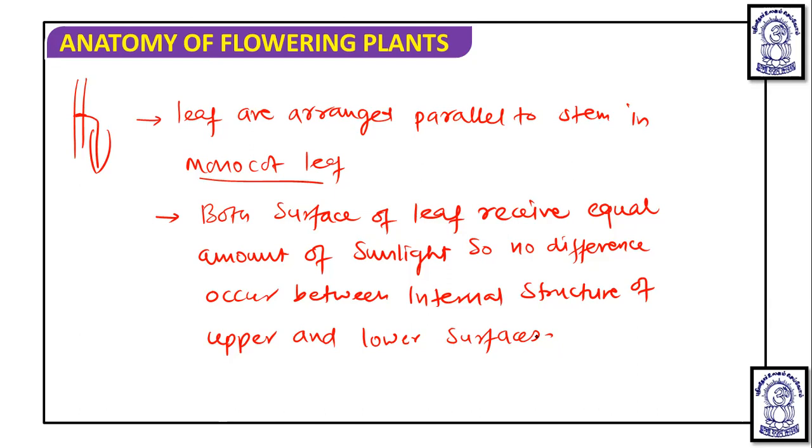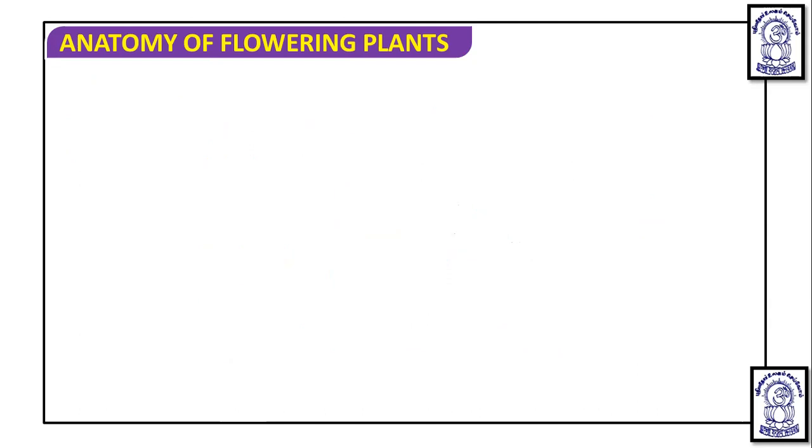Now, one more thing which we can compare between the dicot leaf and monocot leaf is that the size of the vascular bundle is dependent on the size of the veins. Actually, veins vary in thickness in the reticulate venation in the dicot leaf. So the diameter or thickness of veins will also vary. So this is one comparative difference between these two.